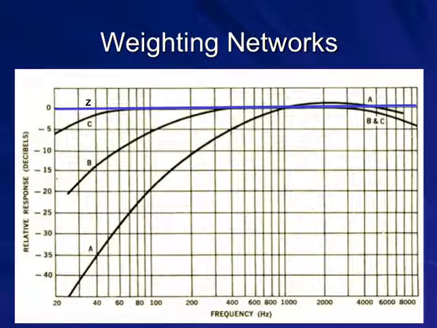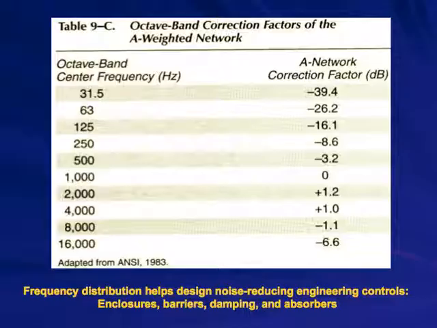Well, in fact, our ear doesn't hear that way. Our ear is more sensitive to mid-range sounds from 1,000 hertz up to about 8,000 hertz. In other words, frequency 1,000 cycles per second to 8,000 cycles per second, or hertz, as it would be termed. And our hearing is particularly sensitive in that range. Our ears are not as sensitive to very low frequencies, 31 cycles per second, for instance.